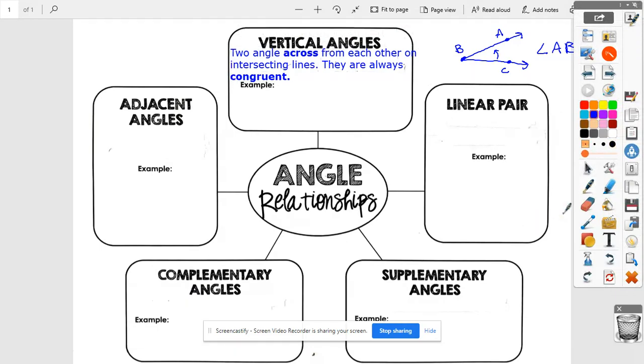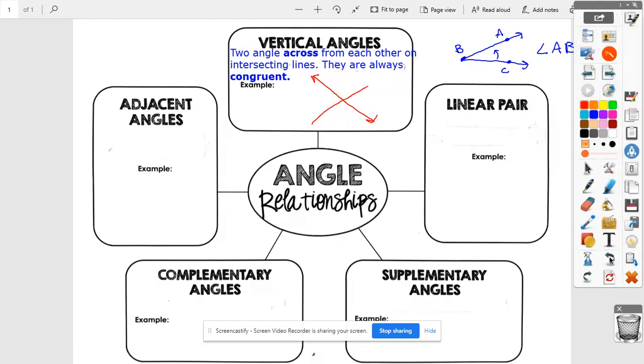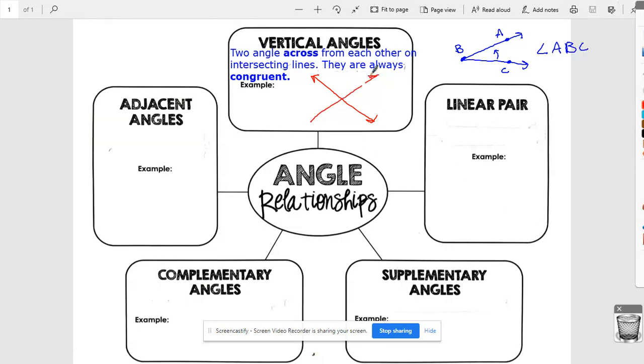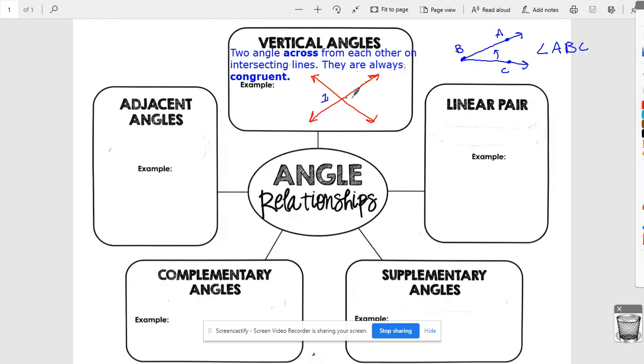For example, we need two intersecting lines to have vertical angles. So if we have a line here and another line, I can do better than that, say like so. If we have two intersecting lines, we would say that the two angles across from each other, like 1 and 2, are our vertical angles.